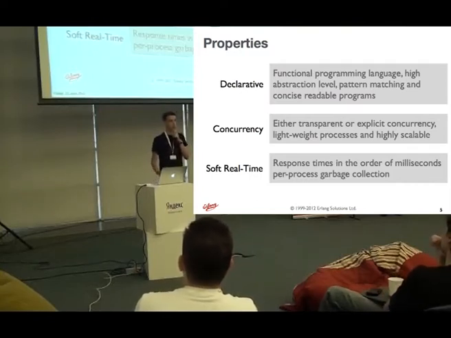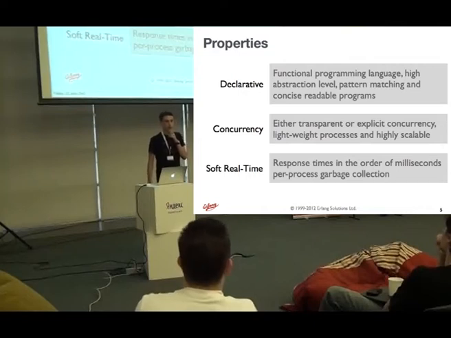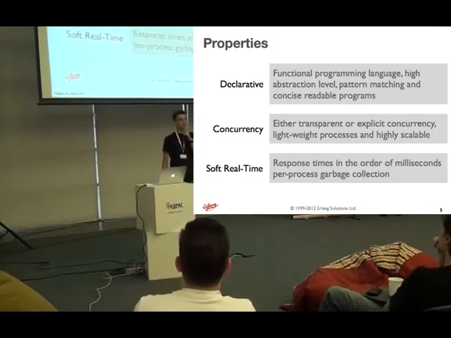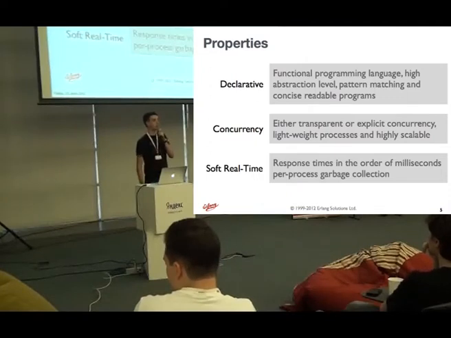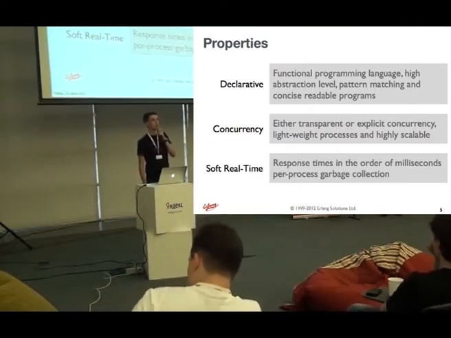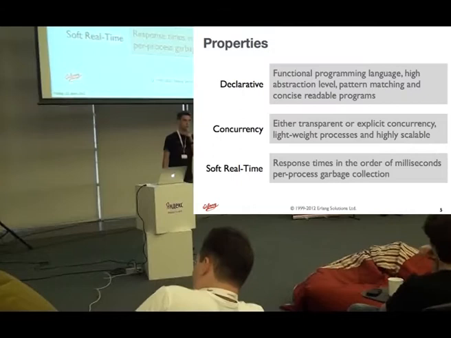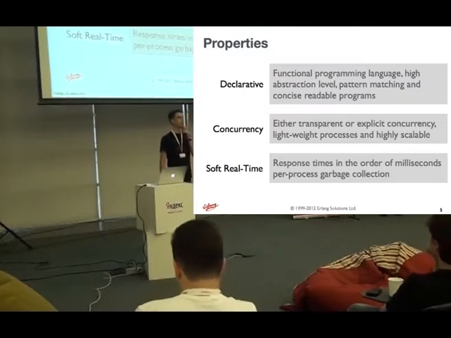It has support for concurrency, which very much helps with scaling systems on multi-core machines. It has soft real-time properties, which is again a very nice advantage as well in the real-time web, as we have heard, but also in some other areas like telecoms, where soft real-time systems are needed.